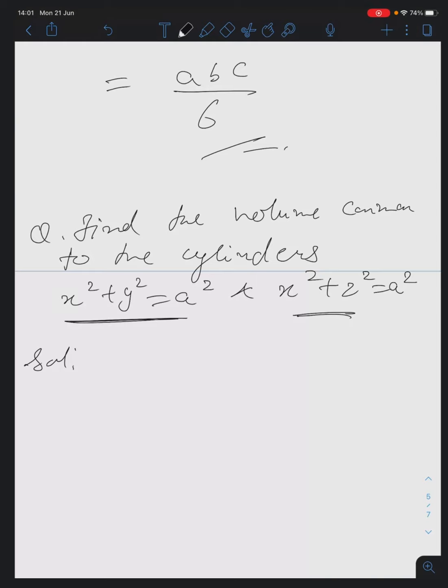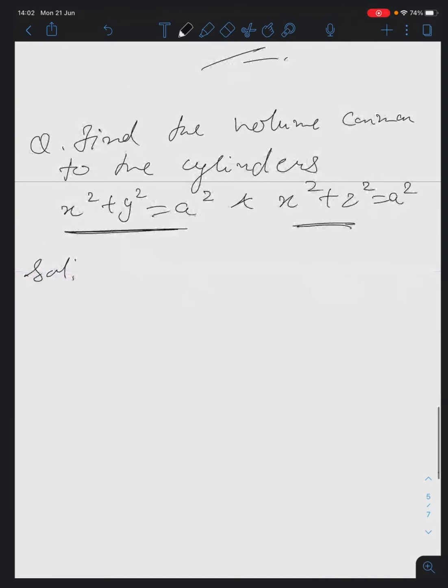In the xy plane z is 0, so this cylinder is a circle there. Even if you just look at the upper part, the holding part, or the bottom part of the LPG gas, it is just a circle you will observe. So the section of this cylinder with the xy plane z is equal to 0 is a circle.